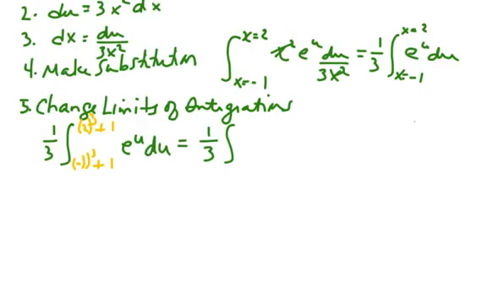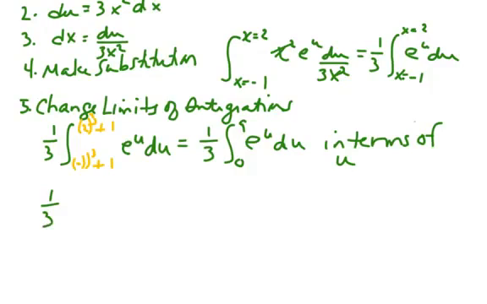So the lower limit becomes 0, and the upper limit, let's see, 2 cubed plus 1 is 9. Everything is in terms of u, which is one approach. Now you can take the antiderivative of e to the u, and hopefully you remember that the antiderivative of e to the u is just e to the u.